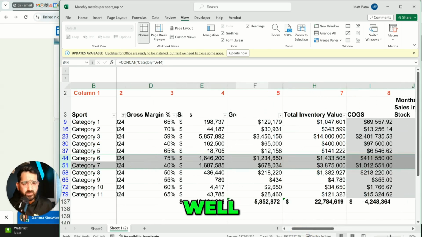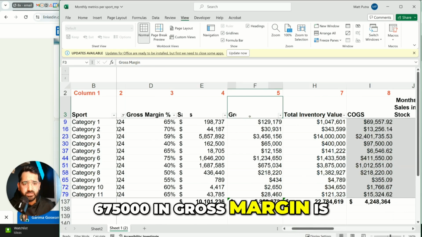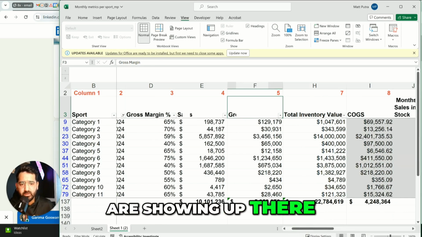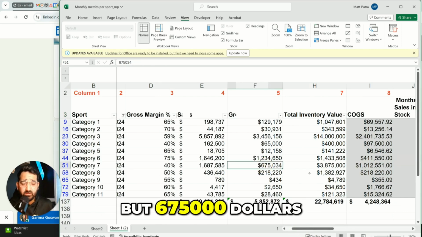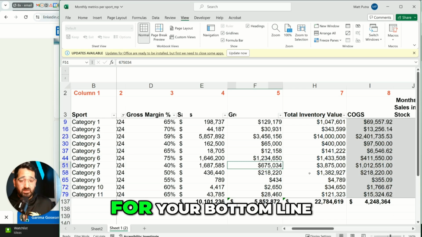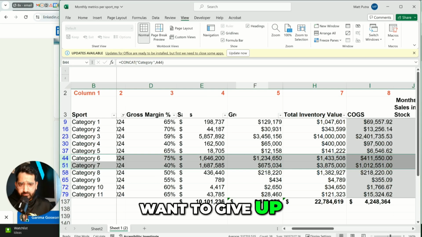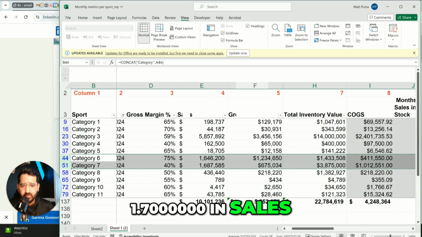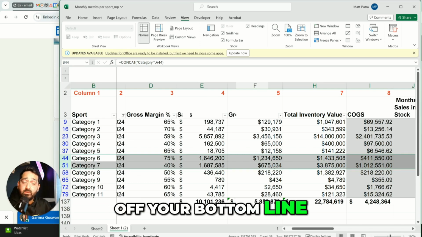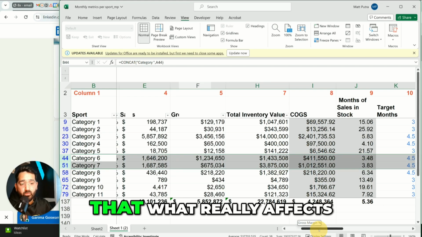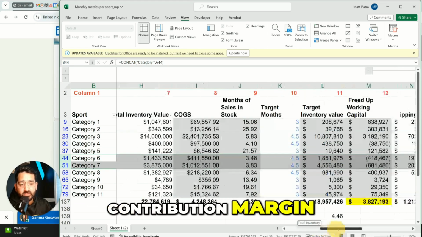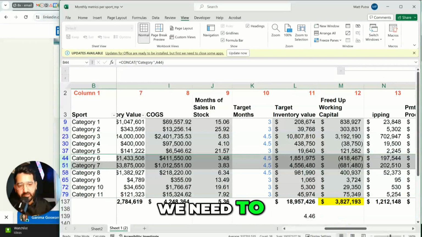Well, $675,000 in gross margin is actually nice for your bottom line, right? Well, it is. And so you're not just going to want to give up $1.7 million in sales and lose $675,000 off your bottom line. But remember that what really affects your bottom line is contribution margin. So we need to top up inventory here.